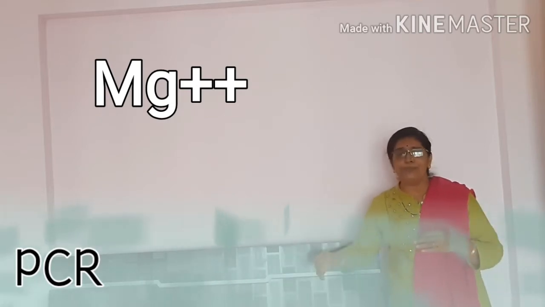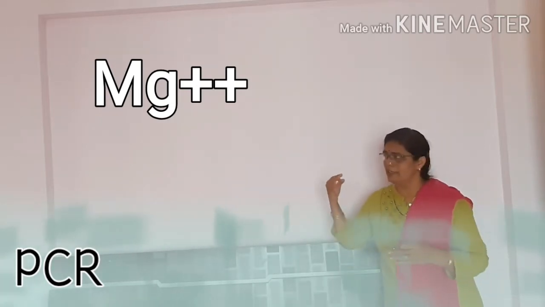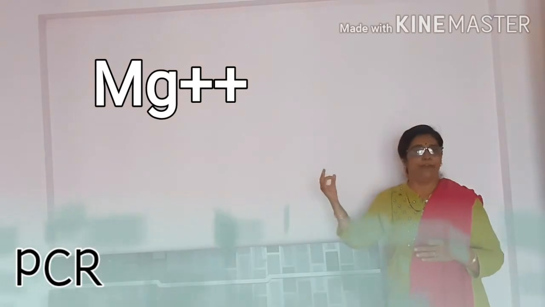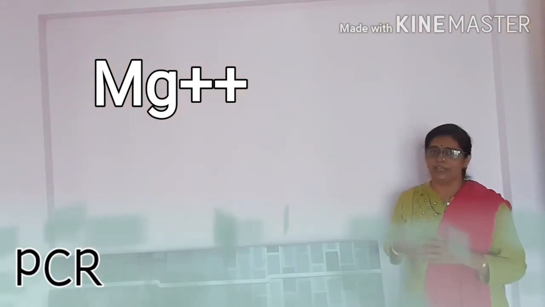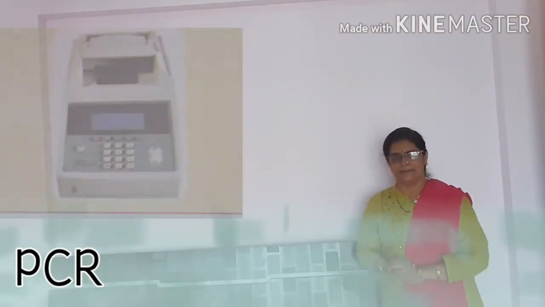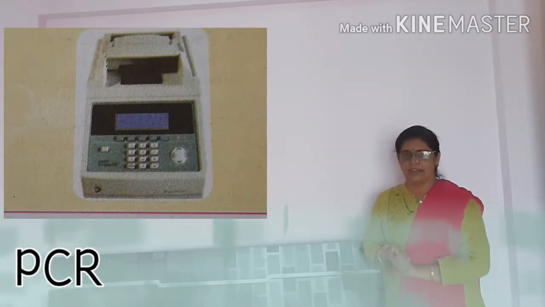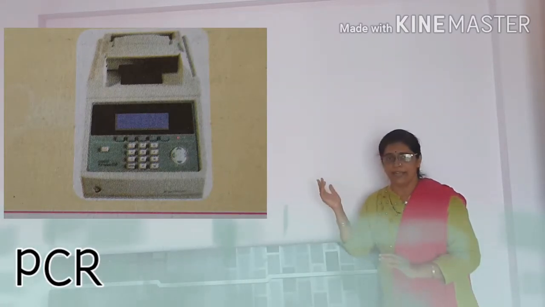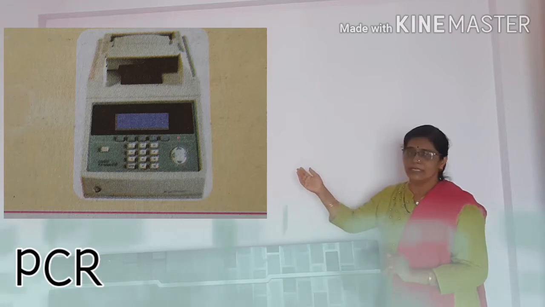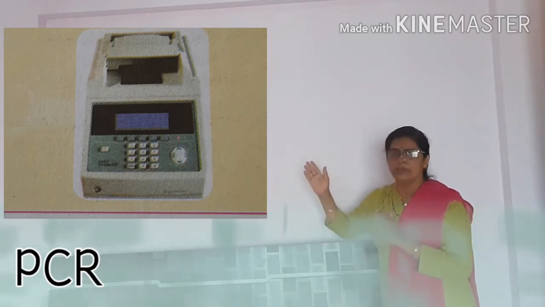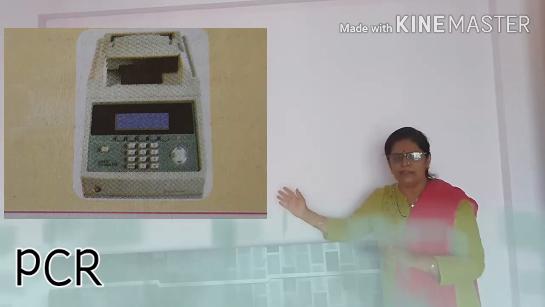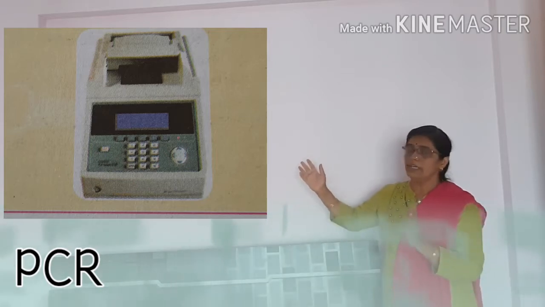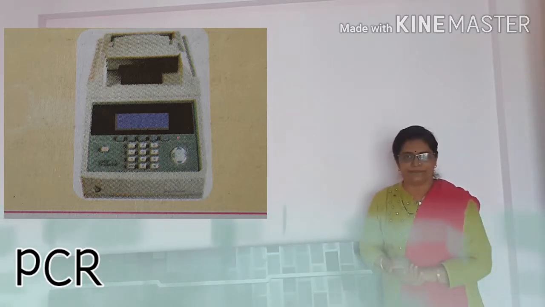And the most important device needed here for polymerase chain reaction is the thermal cycler. With the help of that thermal cycler device, we can produce billions of copies within a short period.